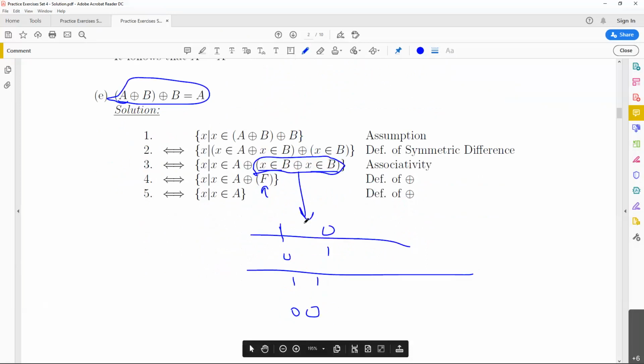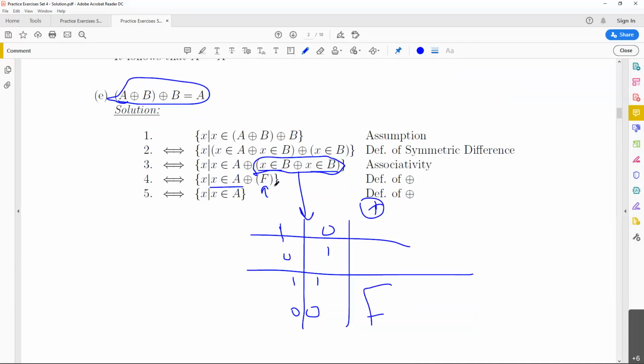But using XOR, this is false, so we just write false. Now this statement, X belongs to A, XOR with false, it's just going to be X is in A. Why? Well, again, X is in A is either going to be true or it's going to be false, right?